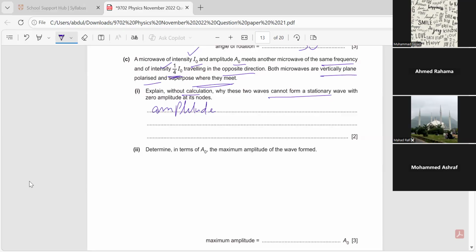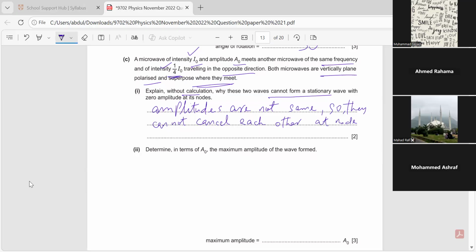If the intensities are not same, amplitudes cannot be same. Amplitudes are not same, so they cannot cancel each other at node.